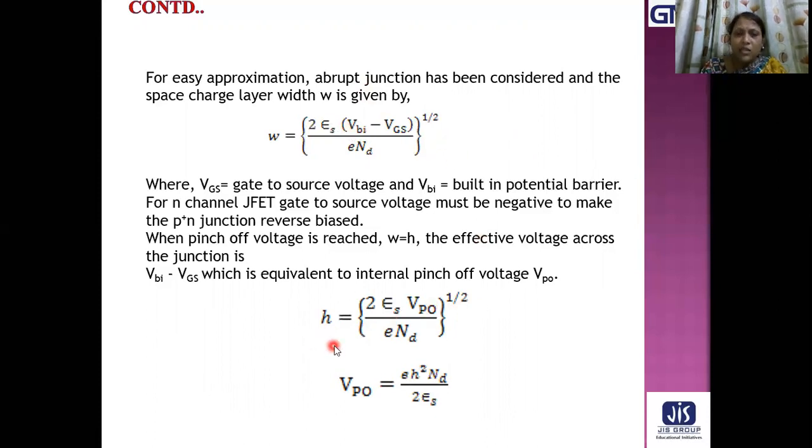So the resultant equation becomes H equals (2 epsilon S VPO / (E ND)) to the power half. From this equation, we get the pinch-off voltage VPO equals E times H square, that is depletion layer thickness, times ND by 2 epsilon S. This is for N-channel JFET.